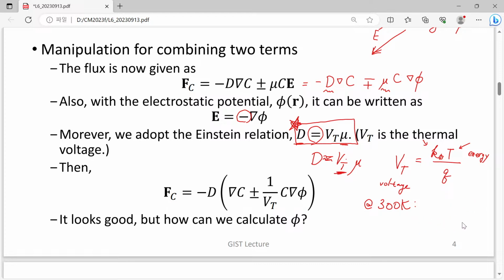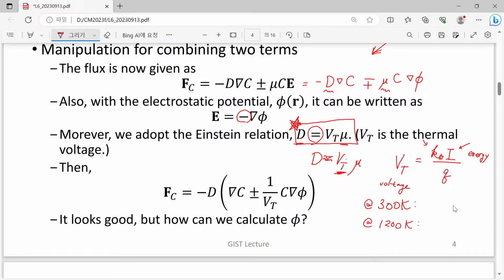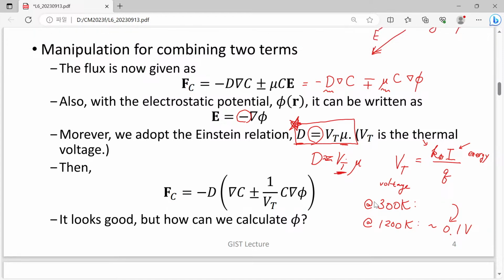Okay, well, anyway, thank you for your answer. Since this number is just proportional to the absolute temperature, simply speaking, if we have 1200 Kelvin, then what will happen? The thermal voltage will be quite close to 0.1 volt. So this is just linearly scaled by the temperature.